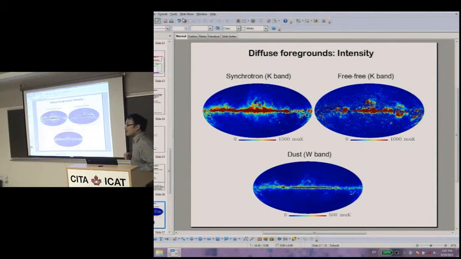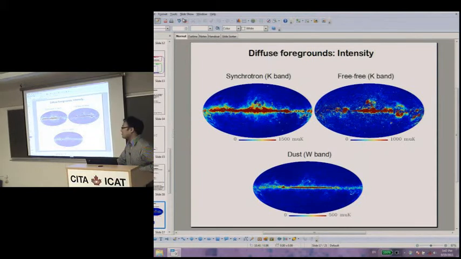So is the spectral index fit across the sky as spatially variable? For each pixel, there is a different frequency spectrum dependence, and then you fit to the five channels. Okay, so each pixel has its own five channels: synchrotron, free-free, and dust, normalized at the K-band and W-band. So the spectral index changes in frequency, but does it change spatially?